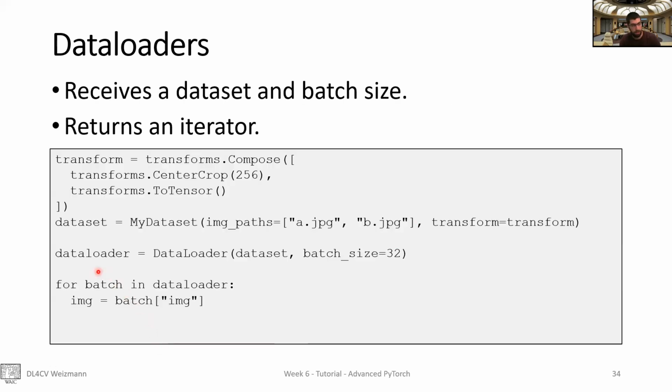So in the data loader we iterate over dictionaries, and in each key the data loader will implicitly take 32 examples from the dataset and put them in a batch. So you will receive a batch which has the key image, only this key in this example, and in this key you will have a tensor which is a batch of the 32 images the data loader used for this batch. Okay. So it does it automatically for you.